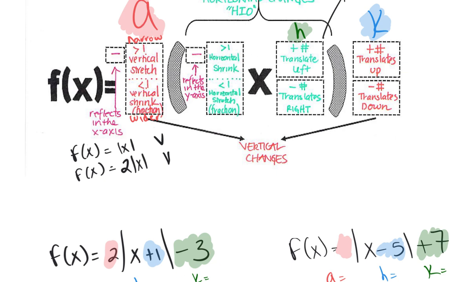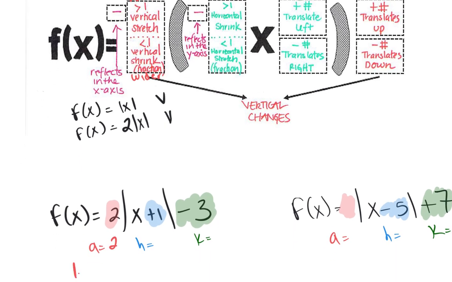So for example, if A equals 2, this is my A. If A is 2, is that greater than 1 or less than 1? Well, I know it's greater than 1. So since my A value is 2, my first transformation is a vertical stretch by 2.